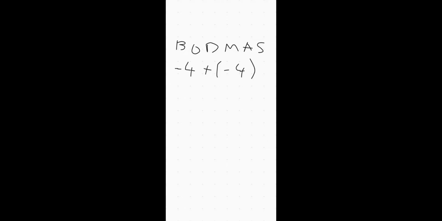Okay, so just imagine that we have 1 there, and that there's a multiplication there too. 1 times whatever is in the bracket. Are you with me? So it'll be like 1 times -4, because -4 is what's inside the bracket, isn't it?